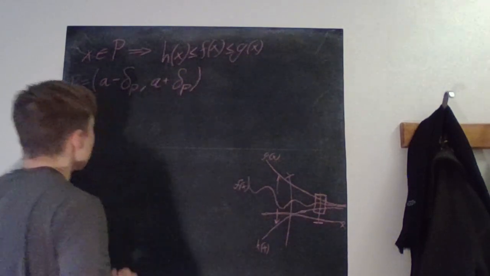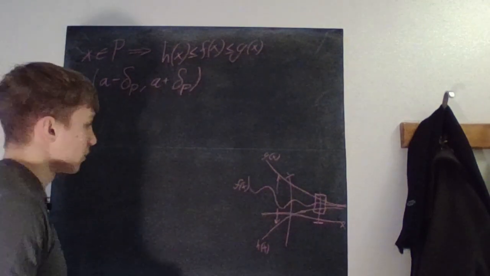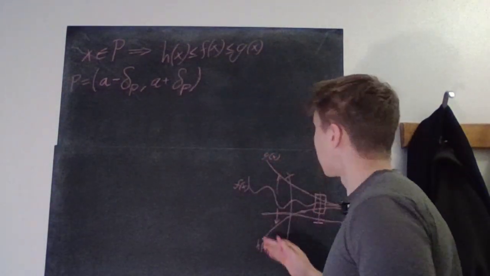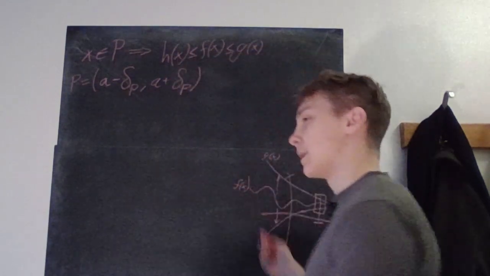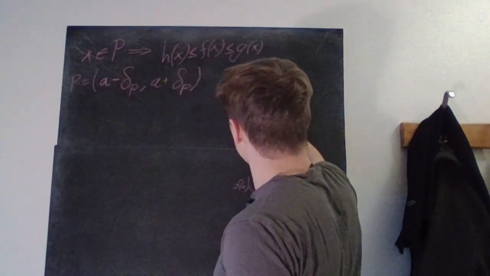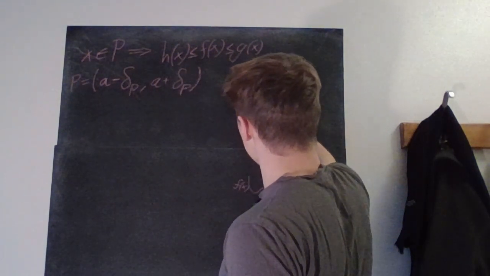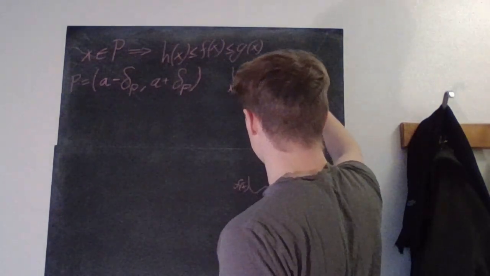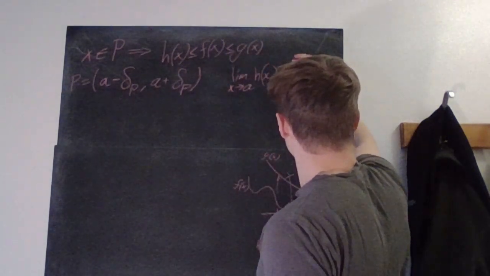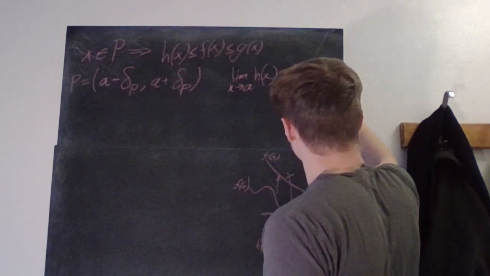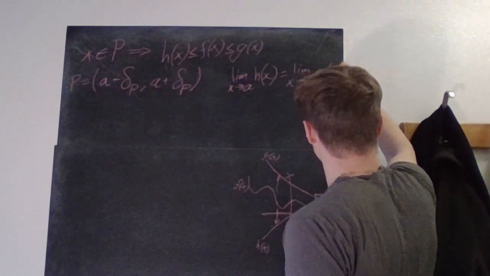And now, what more did we know? We knew that the limit of these two were the same. The limit of what? The limit as x tends to a of h of x was equal to the limit as x tends to a of g of x also.